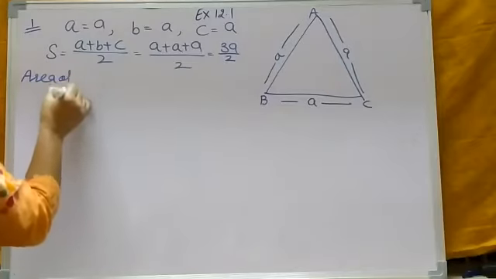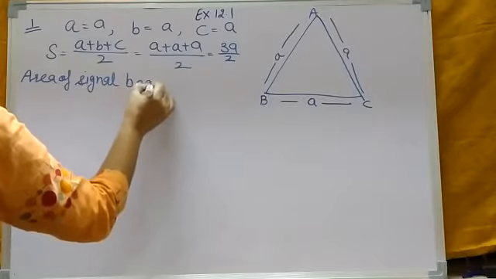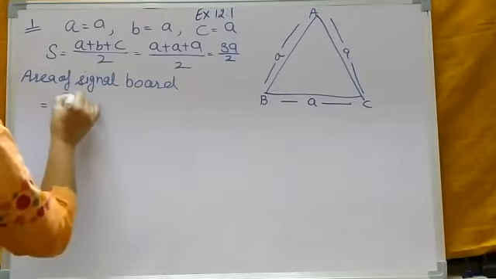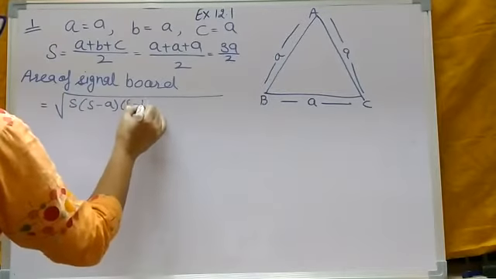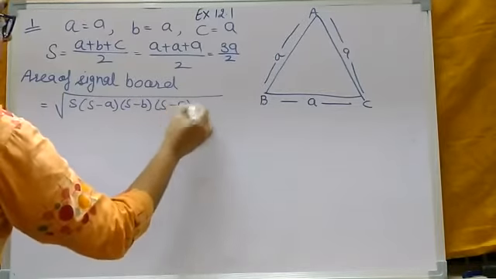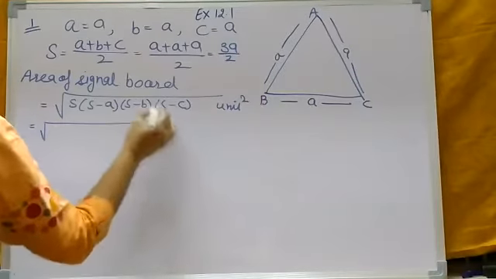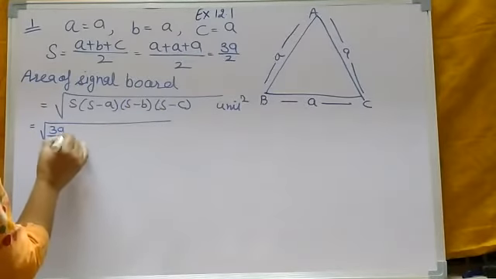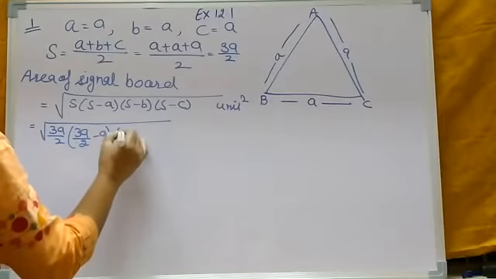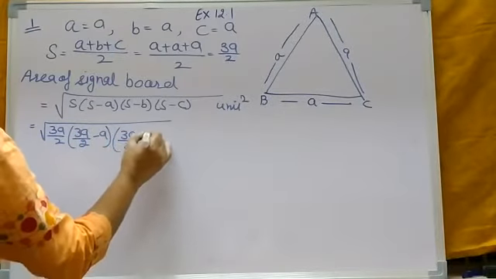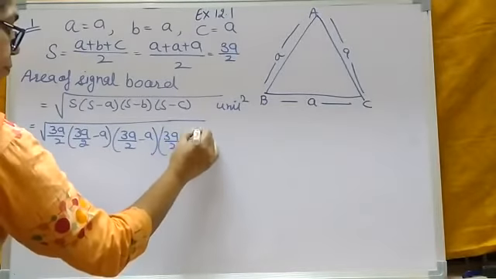Area of signal board is equal to square root of s(s minus a)(s minus b)(s minus c) unit square. s is 3a upon 2, so 3a upon 2 minus a, 3a upon 2 minus a, 3a upon 2 minus a.